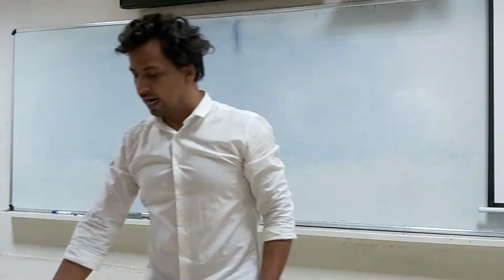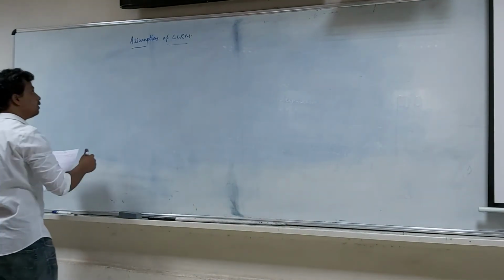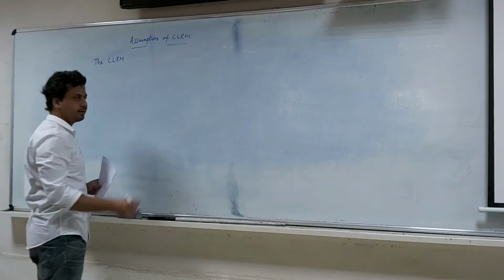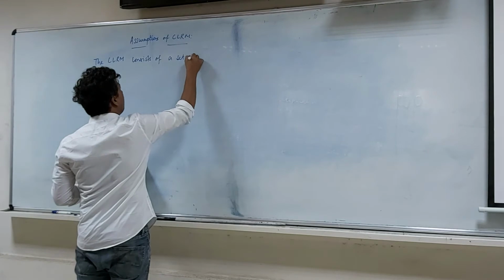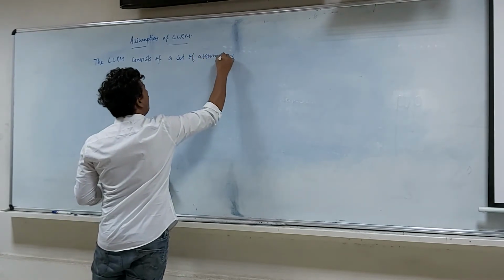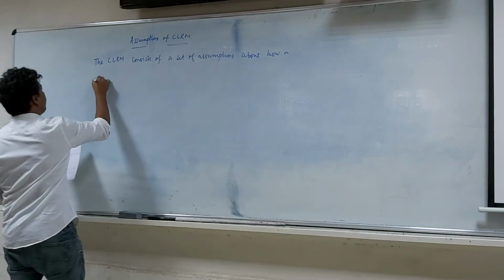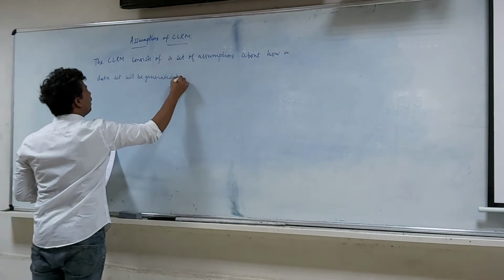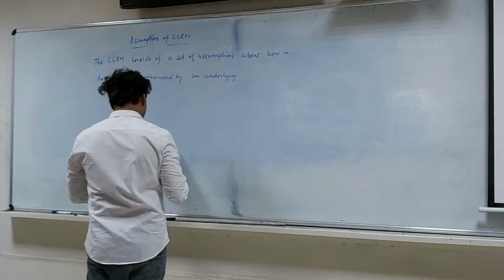So in formal notation, let me write it: CLRM consists of a set of assumptions about how a data set will be generated by an underlying data generating process.